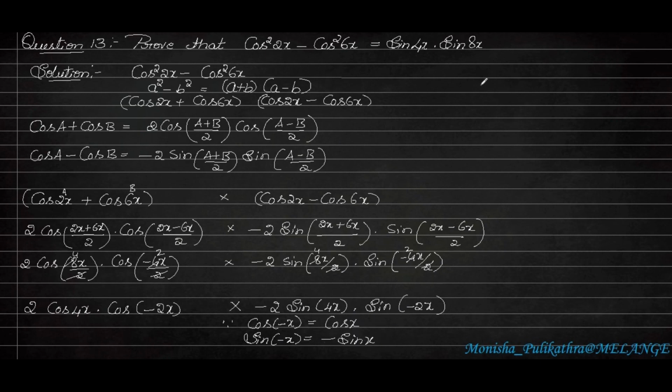So that one we have to interchange here, that is 2 into cos 4x, and since cos of minus 2x is there, it will become cos 2x, into here minus 2 sin 4x into, so sin of minus 2x is minus sin 2x. It will be minus sin 2x.